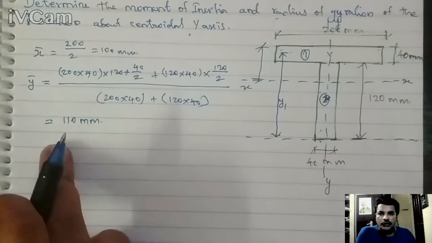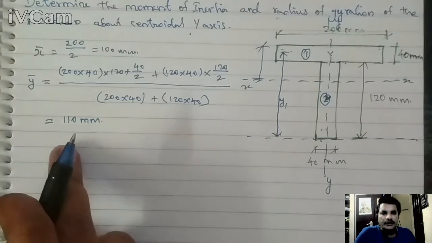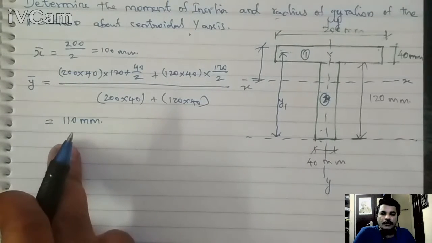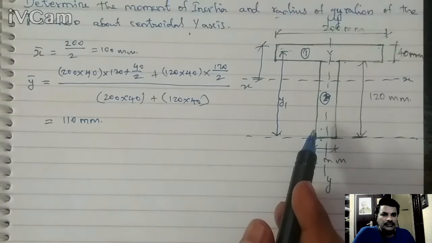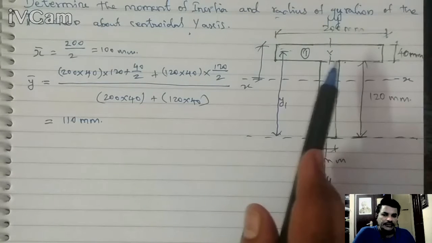Next I am going to calculate the moment of inertia of this T section. In the previous video presentation, we used the theorem of parallel axis. The same theorem we are going to use here also, because it is an unsymmetrical section in one axis and made of two rectangular sections.